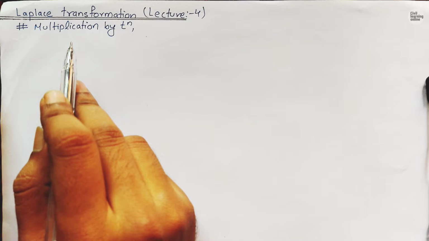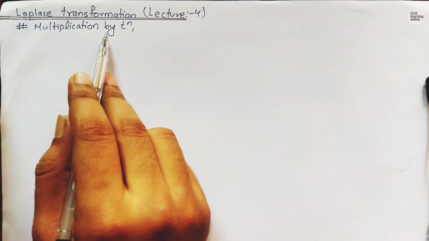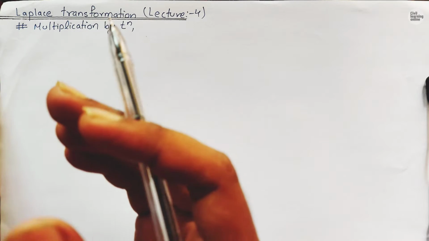So when we face the formula having multiplication by t to the power n, it gives a condition.